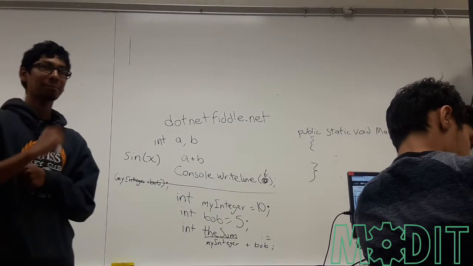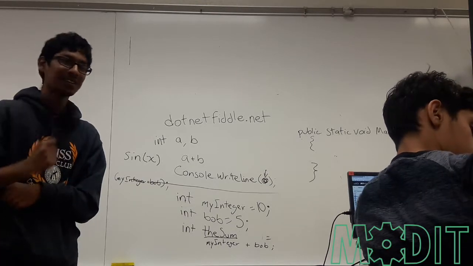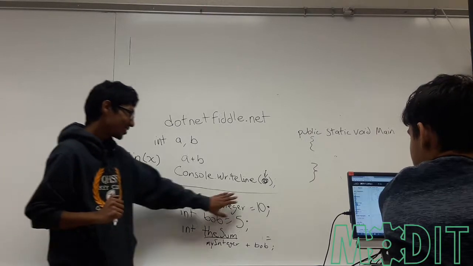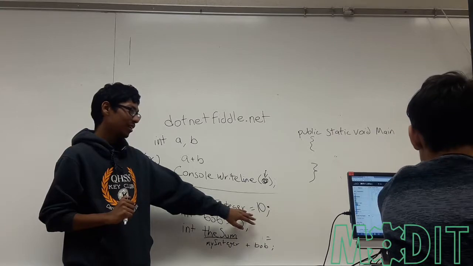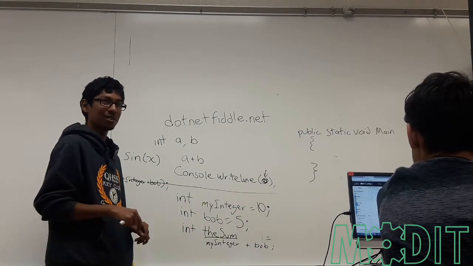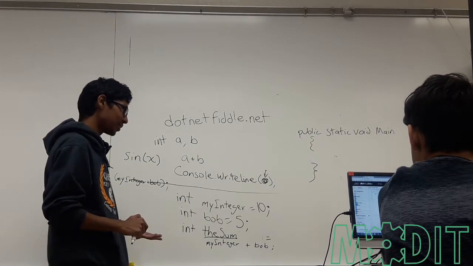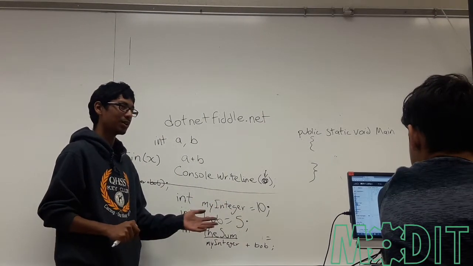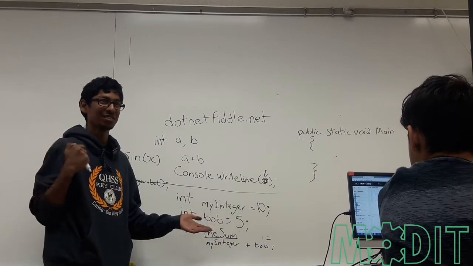Why not just write in the parentheses 10 plus 5? Okay, so the point of the variable is that these numbers can change. If I wanted whoever's using the program to type in the numbers after you run it, you could ask the user for input, in which case you wouldn't have to rewrite your program every time you wanted someone else to use it.